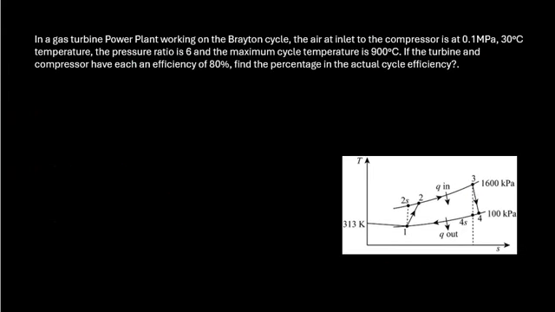But here is the conflicting point: the compressor efficiency and turbine efficiency are given, but the system here is ideal, so we need T2S and T4S.